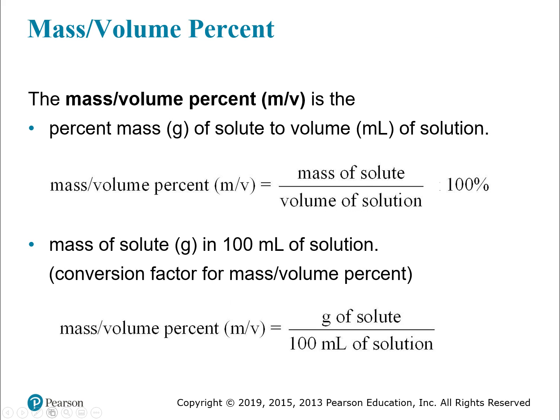We also have mass by volume percent. So you have the mass of the solute and the volume of the solution. In this case, the volume of the solution is the volume of the solvent.